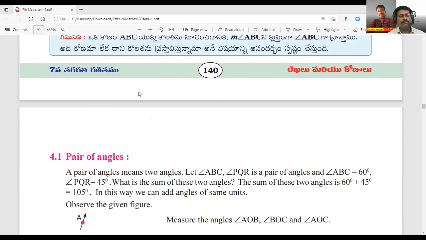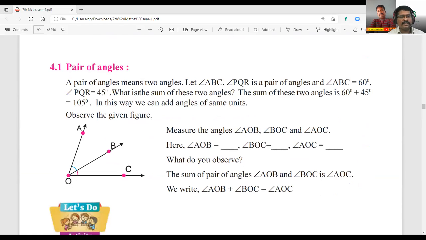So now we are going to learn pairs of angles. A pair of angles is nothing but two angles having a common point, a common ray and a common end point, having no common space.